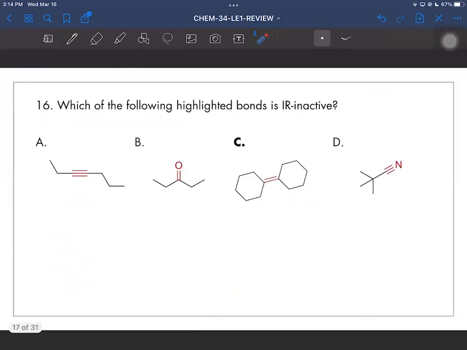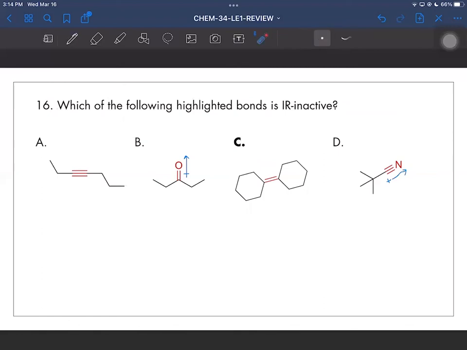Number 16, which of the following highlighted bonds is IR inactive? In IR, a net change in dipole must occur in vibration for a vibration to be IR active. So the polar bonds are very easy. They do create a dipole moment when they are stretched.